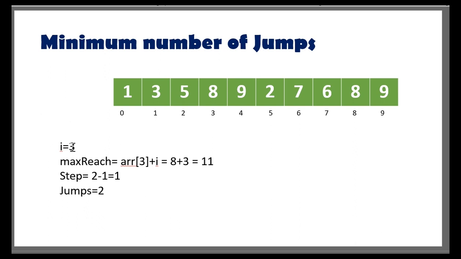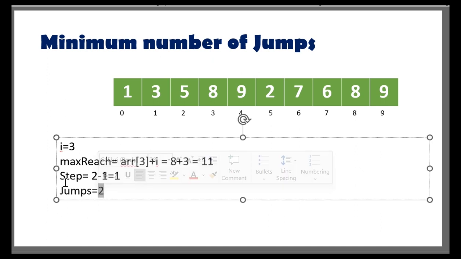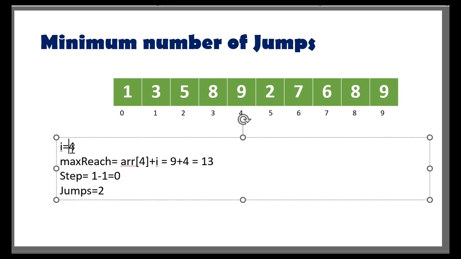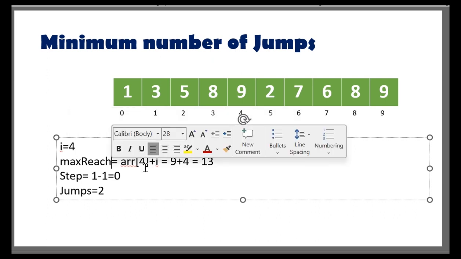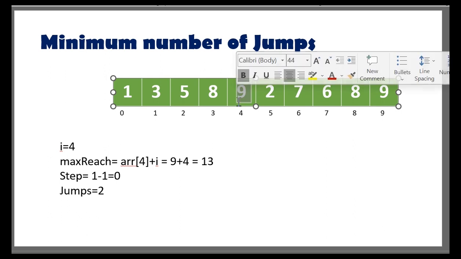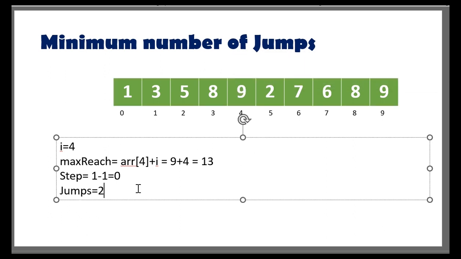Moving forward, at index 3, the maximum reachable value will increase to 11, and steps will be decremented by 1, and jumps will remain the same, since the value of step is not 0. Okay, and again moving to the next index, which is I is equal to 4, maximum reach will be array of 4 plus I, which is 9 plus 4, which is 13, and steps will be 0 and jumps is 2.